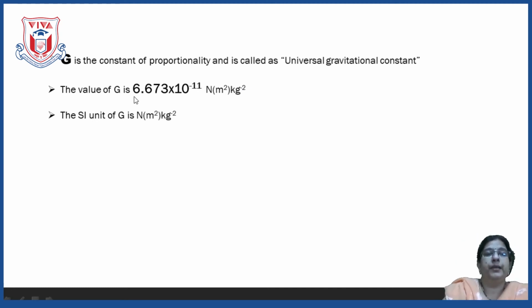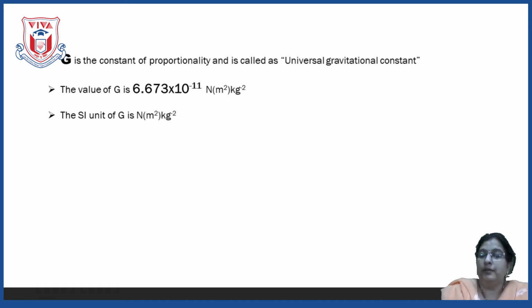So again we repeat, the unit of capital G, that is the universal gravitational constant, is Newton meter square kg raised to minus 2, and its value is 6.673 into 10 raised to minus 11 Newton meter square kg raised to minus 2.